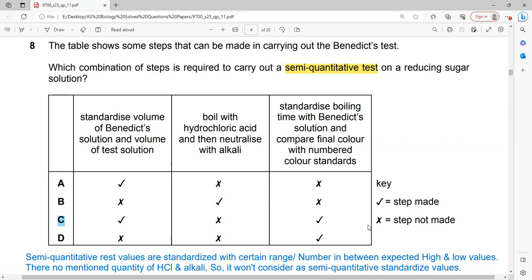It is not standardized. So what is the definition of a semi-quantitative test? It's a kind of standardized test which is placed in between two certain ranges, highest and lowest. So the value will always come between these two ranges. So this type of test is considered a semi-quantitative test. So C is our correct option here.